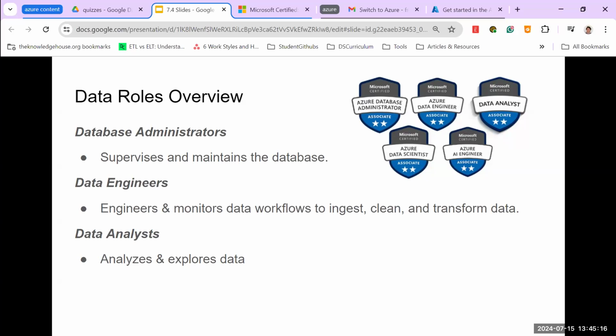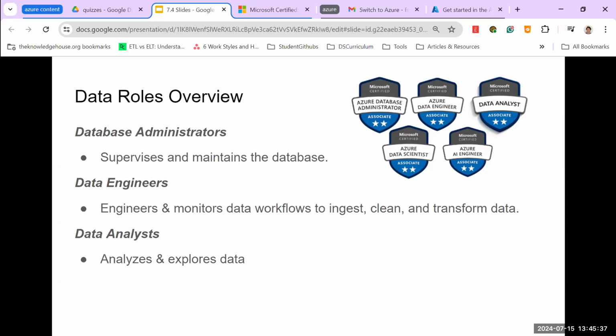I want to emphasize that these are data roles, not necessarily positions, although often when you go on Indeed.com and type in data analyst, you'll see hundreds of different positions popping up called data analyst. But in more abstract terms, these are really just the responsibilities of a job.